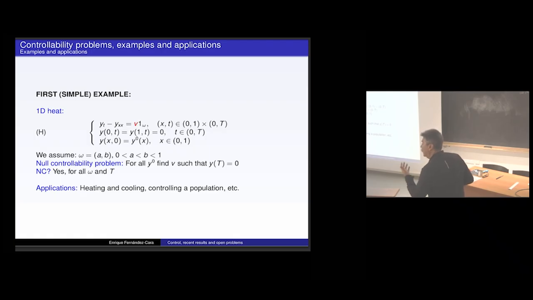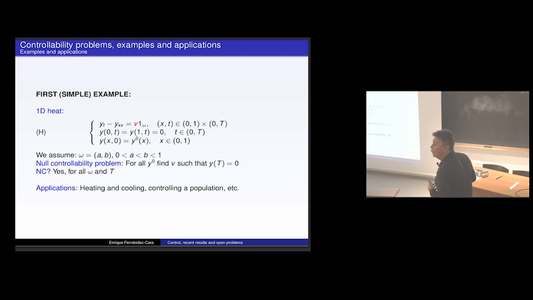And we know that there exists v with this property. This simple example has applications: heating, cooling, controlling a population, for example, in a river. It's interesting to solve this kind of problem.